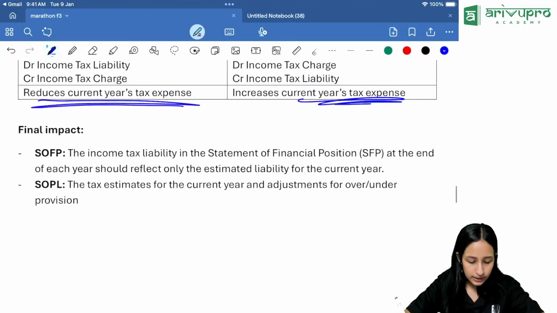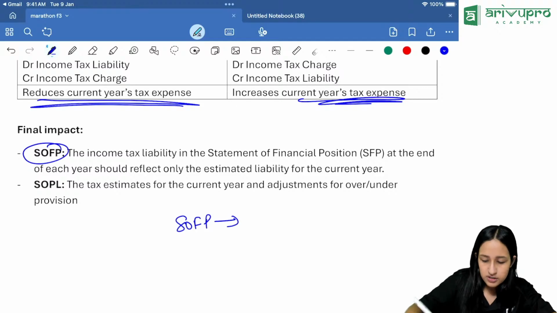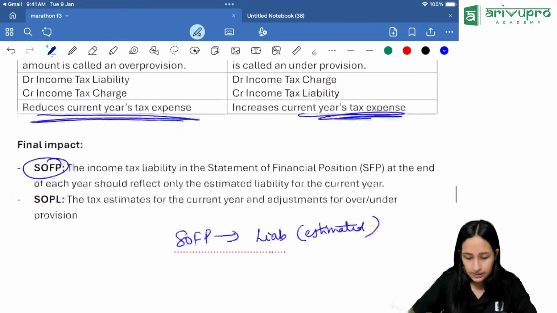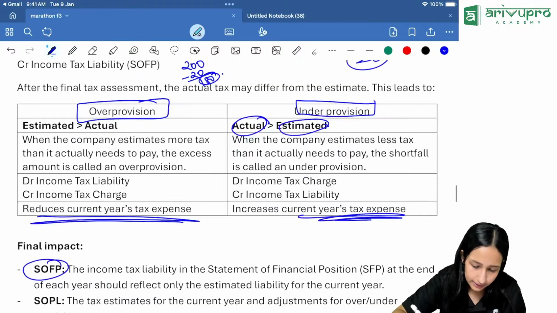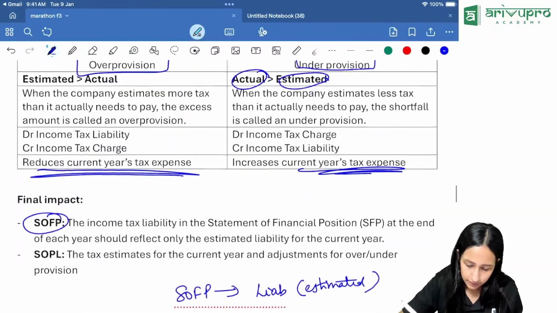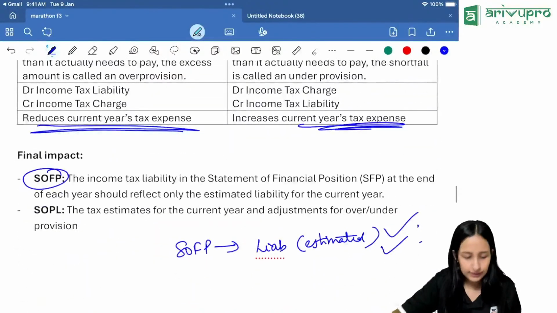So in SOFP, which is nothing but the balance sheet, you will only take the liability which is the estimated amount. So in this scenario, what was estimated? 100. 100 you will be taking here in SOFP, and in this scenario 120 you will be taking in SOFP.